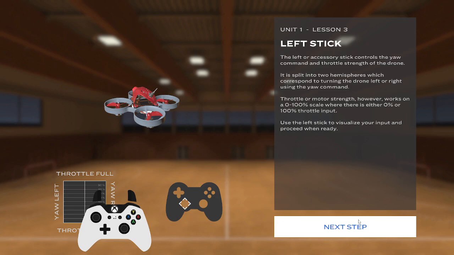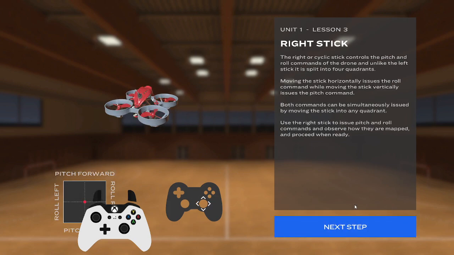The right stick. The right stick or cyclic stick controls the pitch and roll commands of the drone, and unlike the left stick, it is split into 4 quadrants.